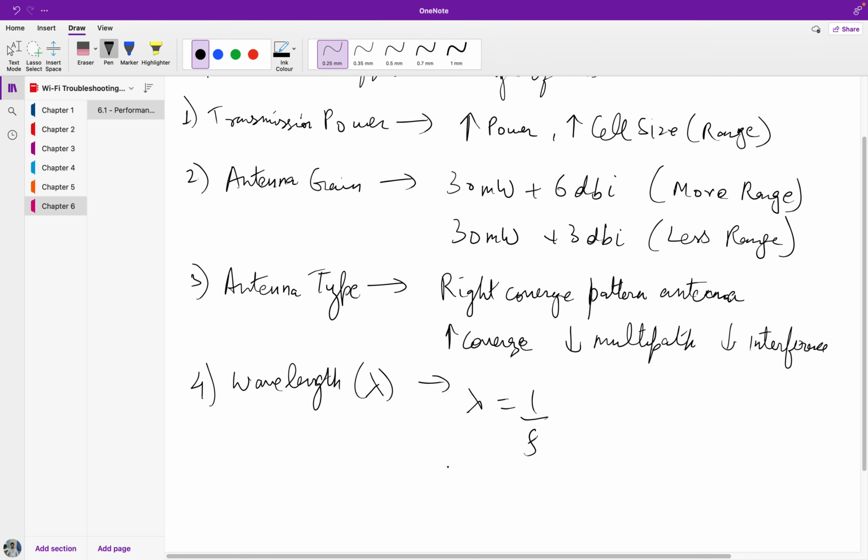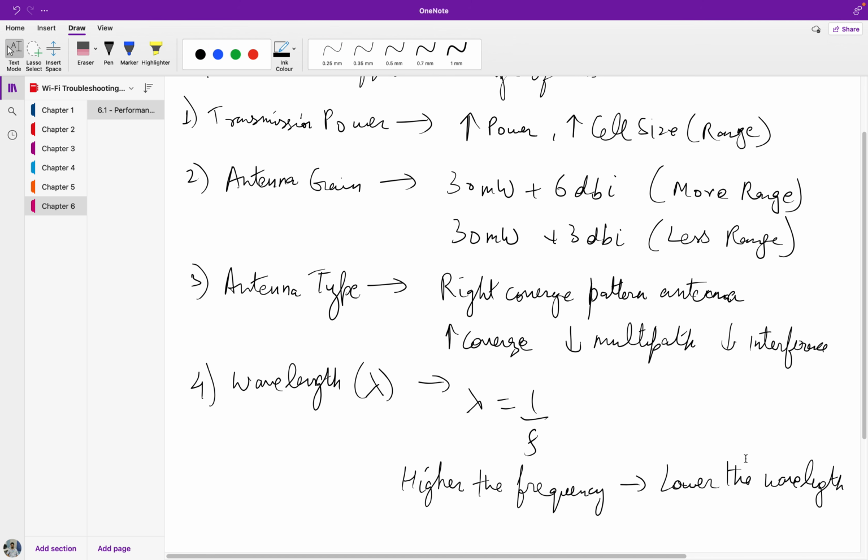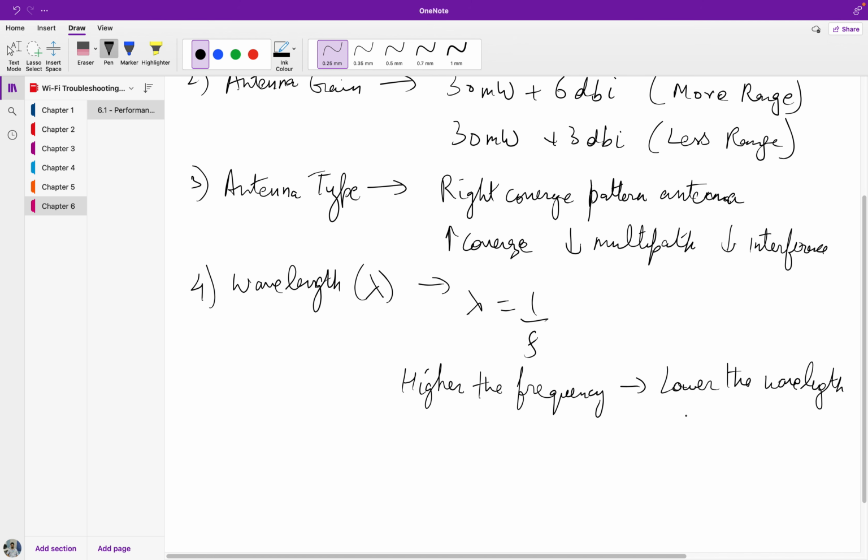That means higher the frequency, lower the wavelength, which means lower the range if everything else remains the same, right? So what I'm trying to say here is that all things being equal, a 2.4 gigahertz access point will have a greater range than a 5 gigahertz access point due to difference in their wavelengths, right?